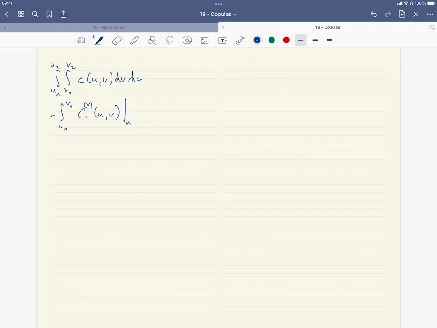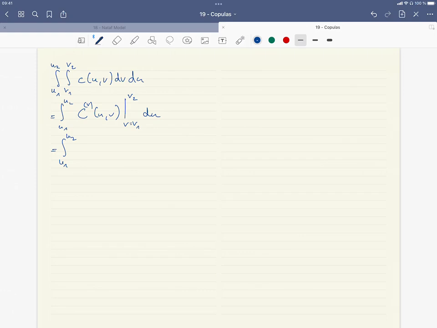So here I would evaluate this at v equals v1 up to v2 and integrate over u, from u1 to u2. I've made corrections here and in this integration.